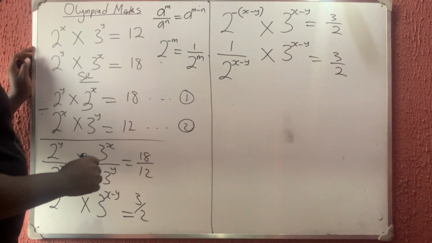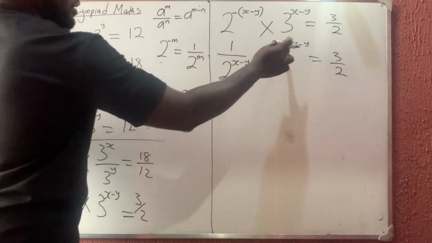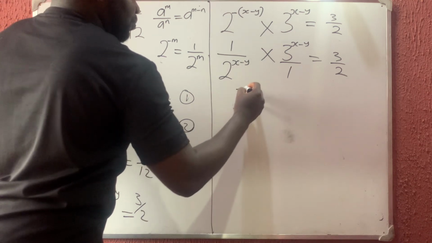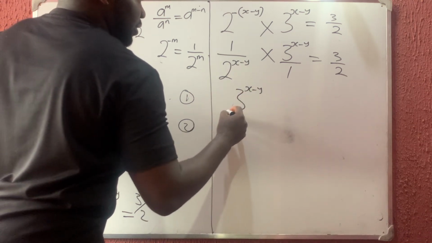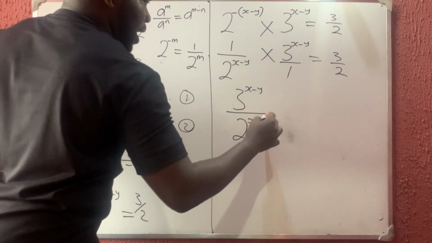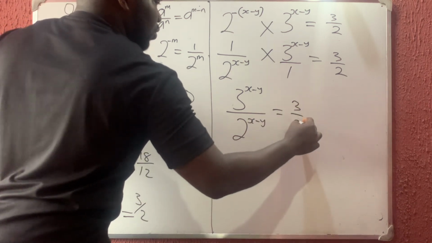Now, anything times 1 over something, let me make this over 1. This times this, I have 3 raised to power x minus y over 2 raised to power x minus y is equal to 3 over 2.